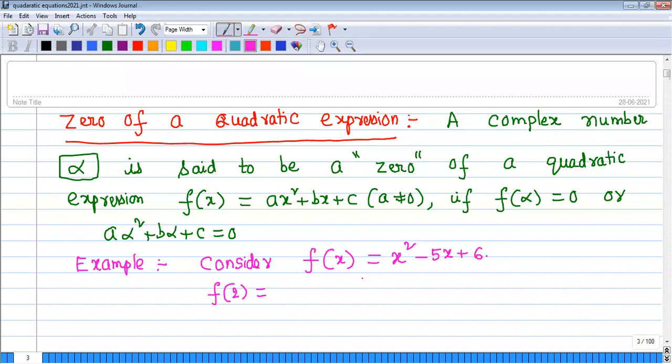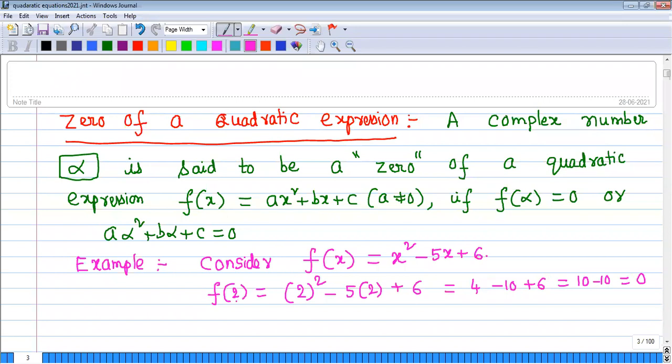That means the value of the polynomial at x is equal to 2. In the place of x, we need to substitute 2. That is 2 square minus 5 times 2 plus 6. 2 square is 4, minus 10 plus 6. 6 plus 4 is 10. 10 minus 10 is equal to 0.